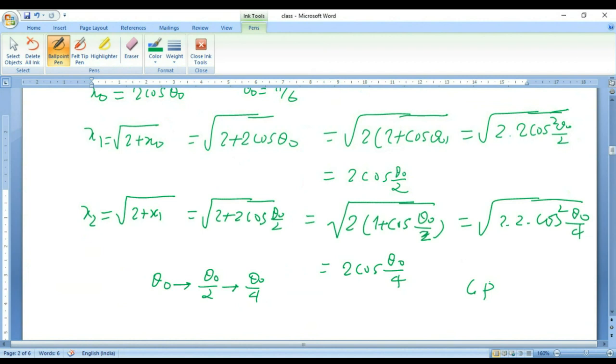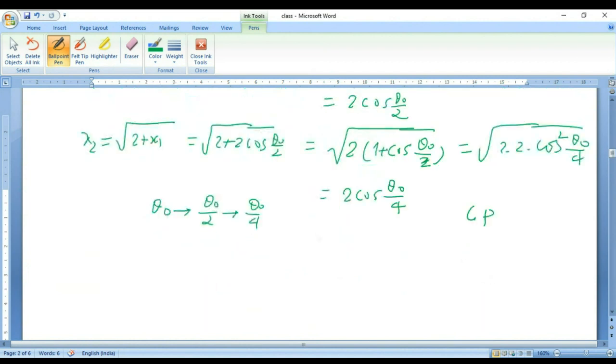That expression tells you, when you go to the last step xn, the xn that I want should be 2 times cos of theta naught over 2 to the power n. Be careful over here. Some people make the mistake n minus 1, or some count n plus 1. Neither of them is correct.